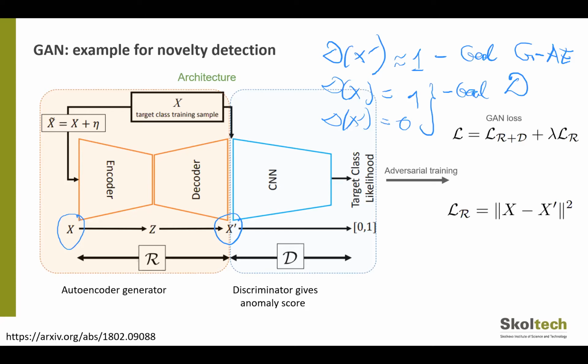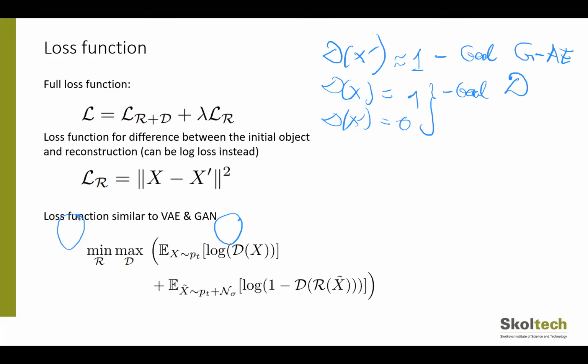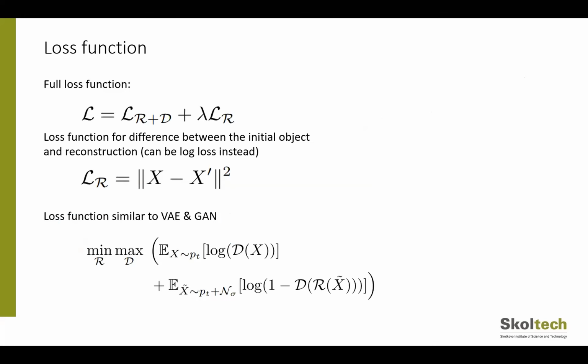After training both generator and discriminator, we have a generator that can handle penguin images. After application of the autoencoder, X and X prime are close, and we can distinguish them with the discriminator, which also learns to distinguish true X's and fake X's quite well. So basically we don't need any labels here. We just assume that all data is normal.